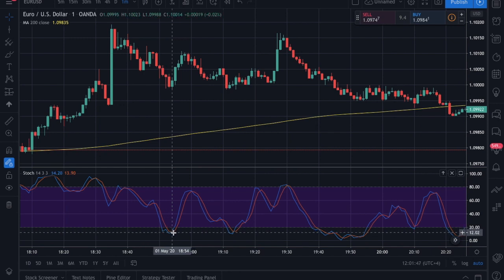So we wait for the two lines to cross each other. The blue one should cross the red one.